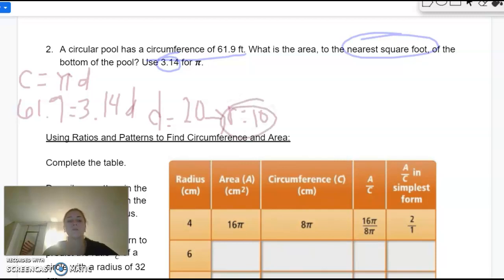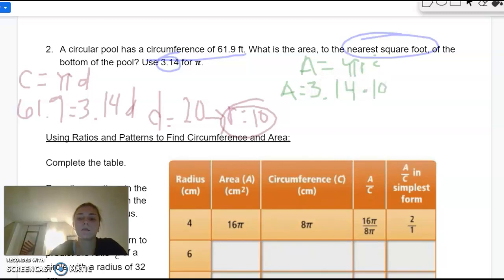Okay, so then we go over and we're going to find the area. We know our area formula is pi r squared. So we have our area equals 3.14 times 10 squared. We know 10 squared, 10 times 10 gives us 100.